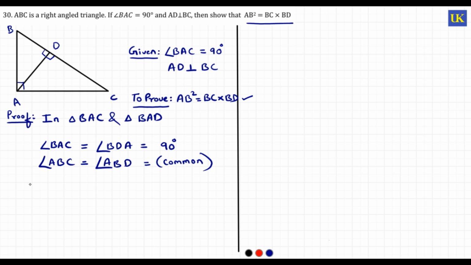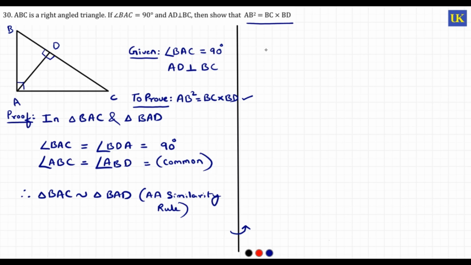So now we can say that triangle BAC is similar to triangle BAD, using the angle similarity criteria. Once we say that both the triangles are similar, we can write them in the form of similarity ratios. We'll solve the next one further.